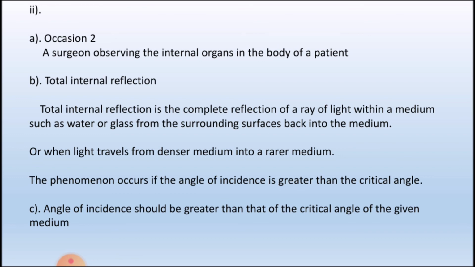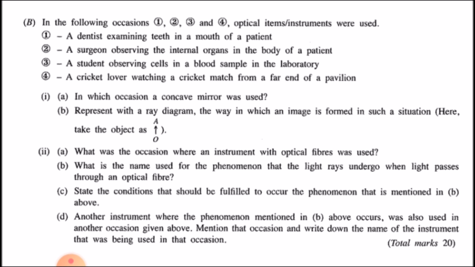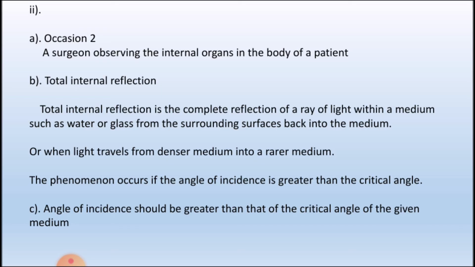According to part C of question 2, the conditions that should be fulfilled are: light rays should travel from a denser medium to a rarer medium, and the angle of incidence should be greater than the critical angle of the given medium.